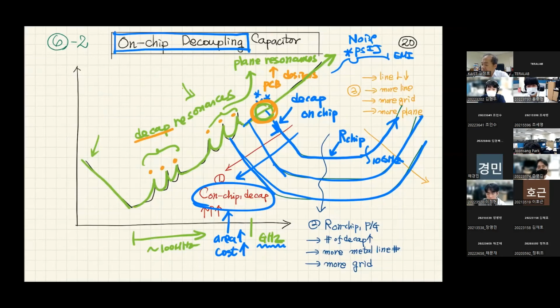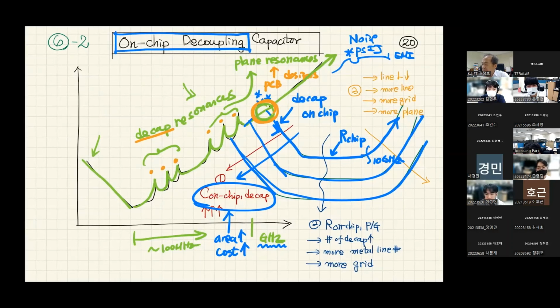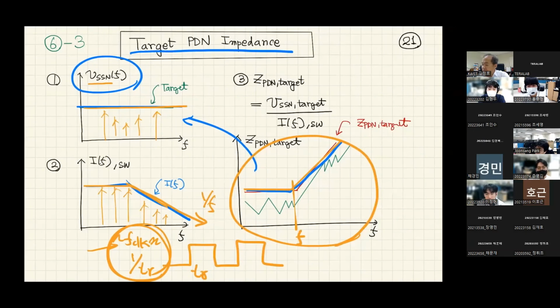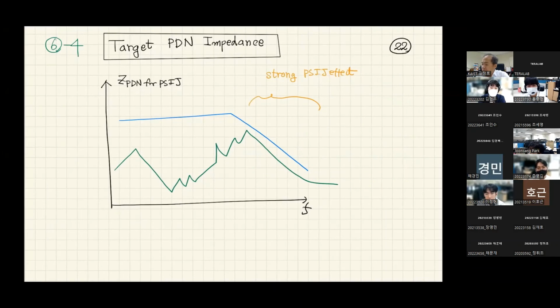But now, to consider noise inside the chip, this may not be good enough. What I'm saying is that these days, we have strong power supply induced jitter effect over the gigahertz range up to 100 gigahertz. To suppress this PSI effect at gigahertz and 100 gigahertz range, you have to control it.